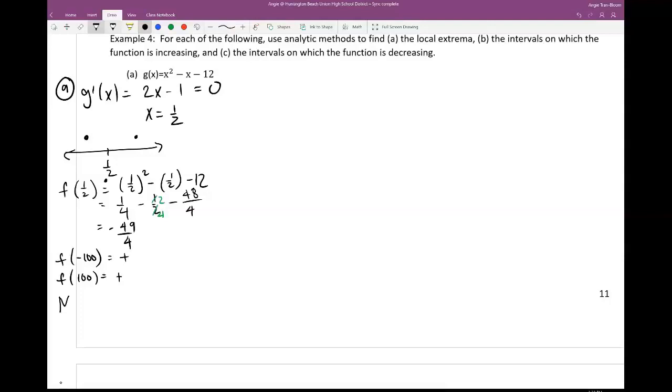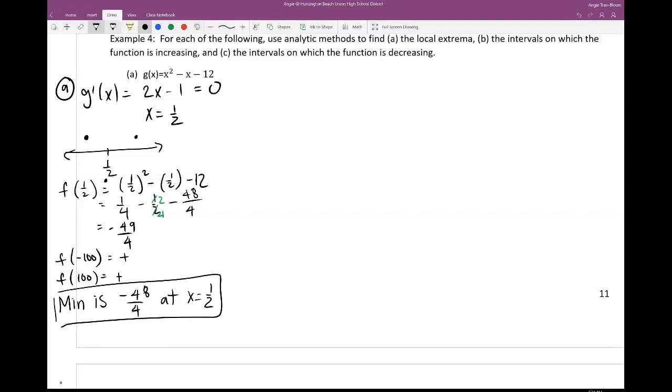Perfect. The min is negative 49 over 4 at x equals a half. Gorgeous. Okay.